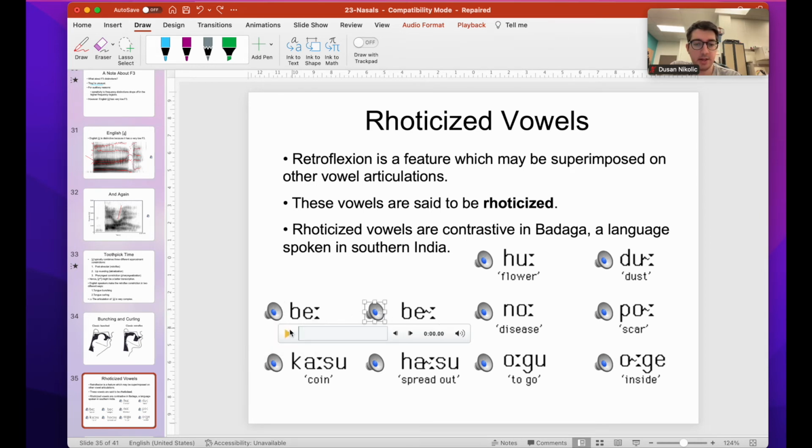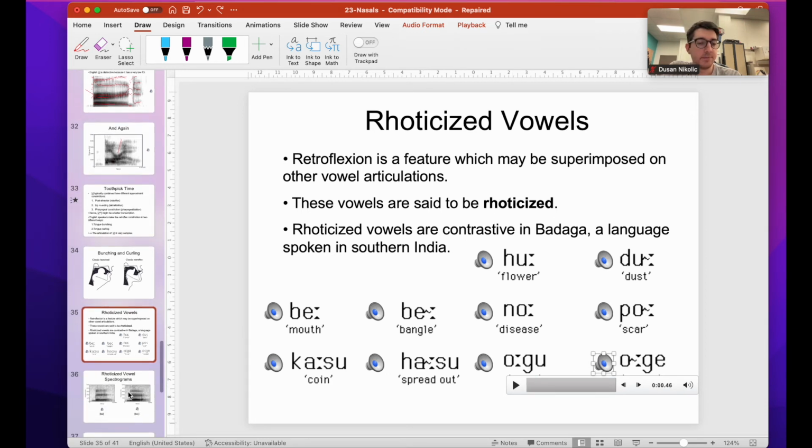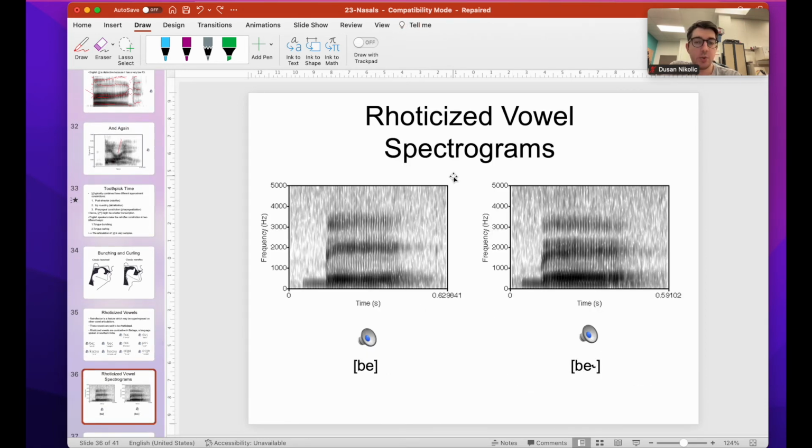Be, be, bear, kasu, karsu, right? And maybe this one. Do. Yeah, not a lot of retroflexion. Po, as in poor. Oge, right? And rhoticized vowel spectrograms are also clear in terms that the F3 is lowered, right?